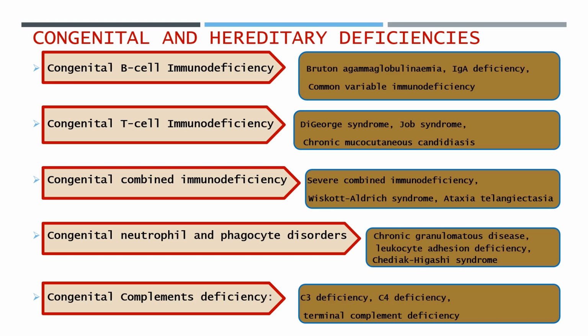In combined immunodeficiencies, the very common and most prominent example is severe combined immunodeficiency, in which there are a lot of variations leading to both T cell and B cell dysfunction.